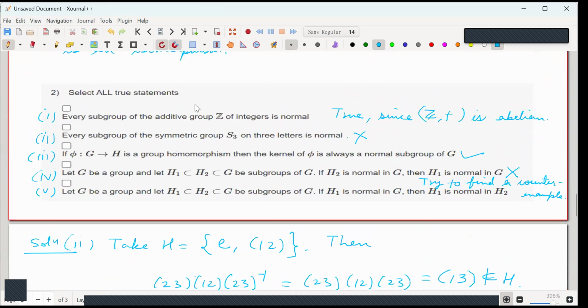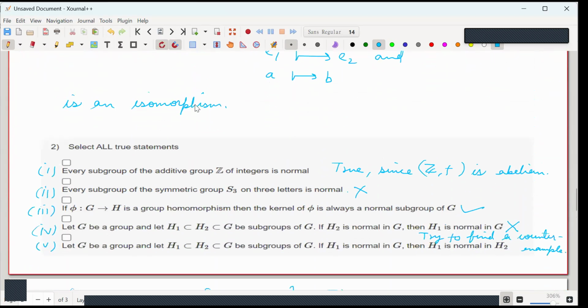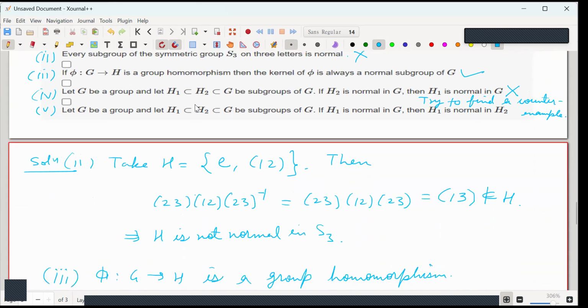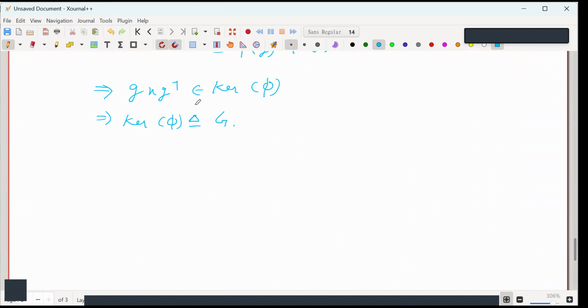And I think you have already mentioned one such example, very close to a counterexample.